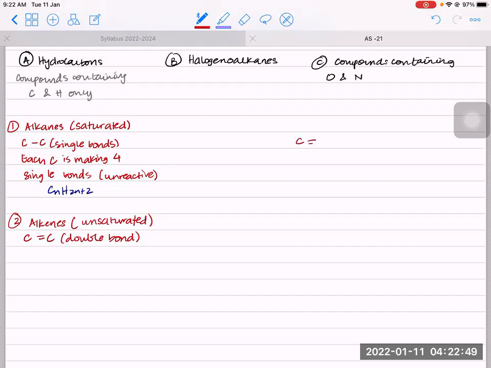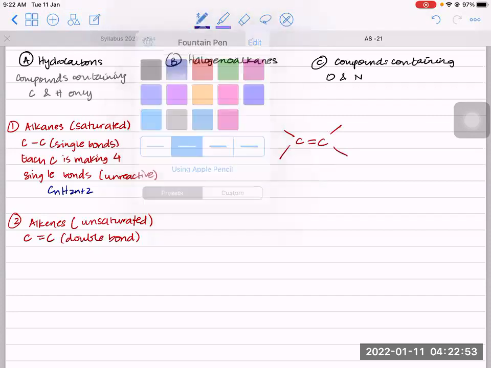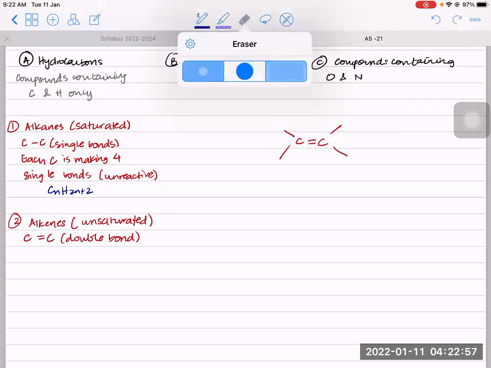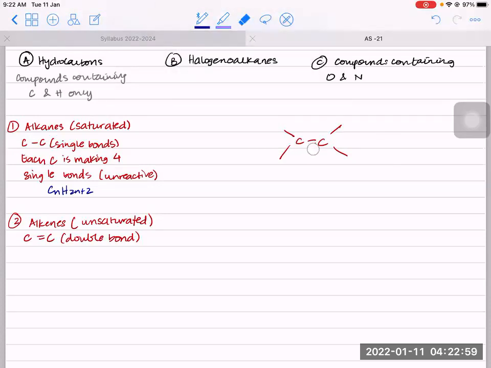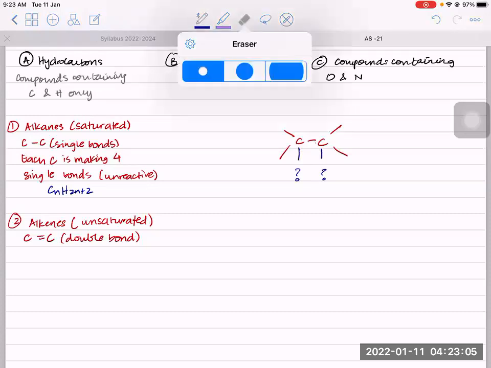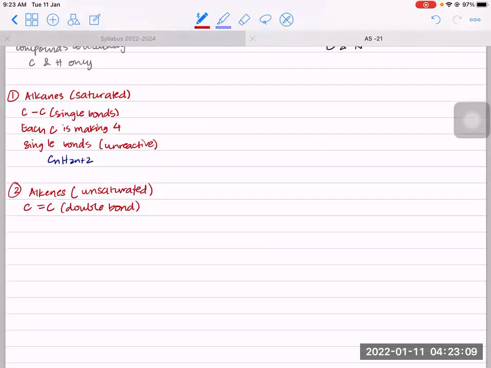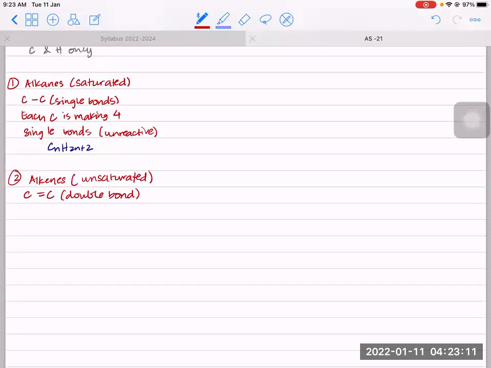For example, if the pi bond breaks, you have a vacant bond on each carbon, and that's why these are reactive.